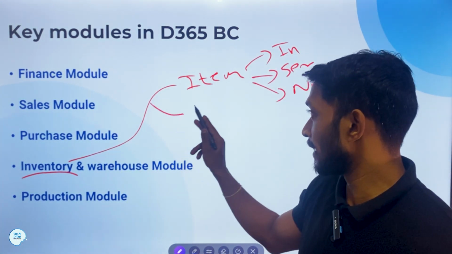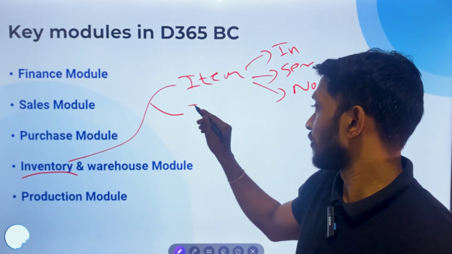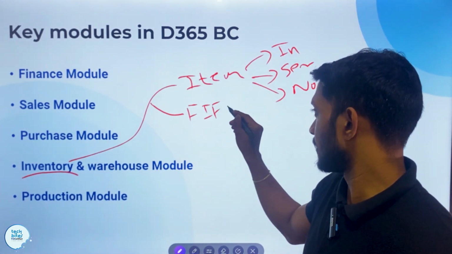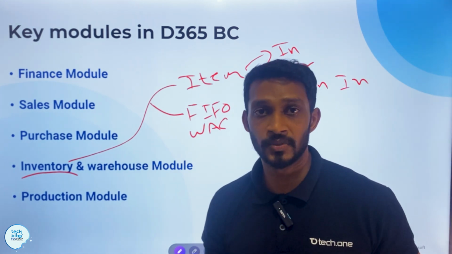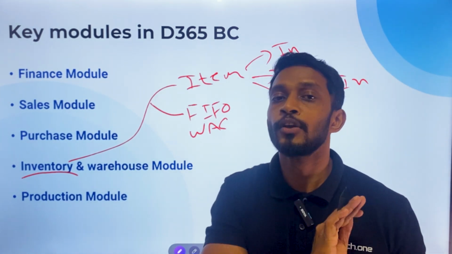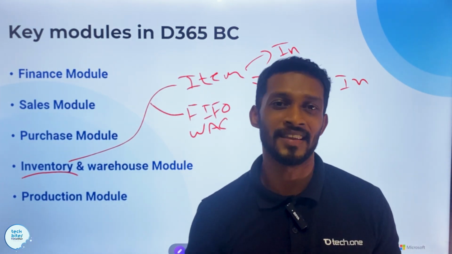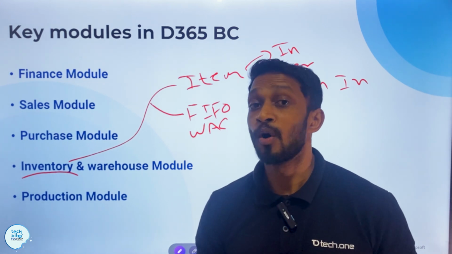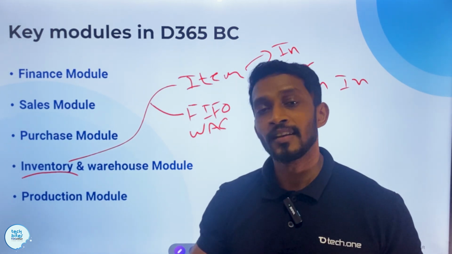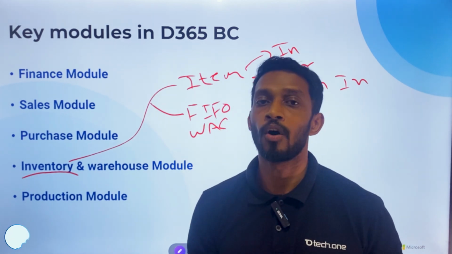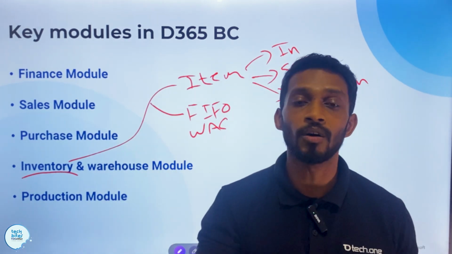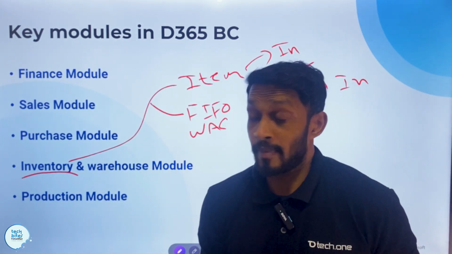If you want to maintain a costing method, FIFO or weighted average costing, those options are available. You don't need to do anything manually. You set up everything, or your vendor will set it up, then you post transactions, and all the entries and costings are calculated automatically.